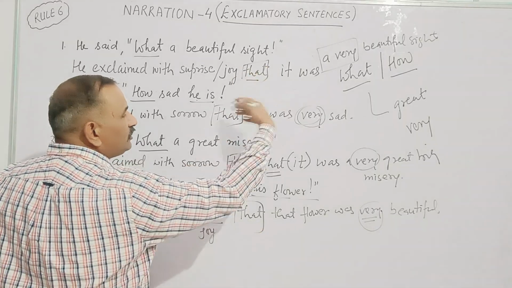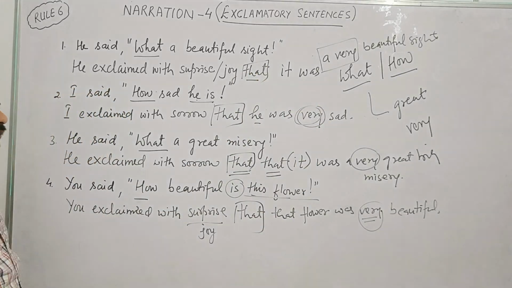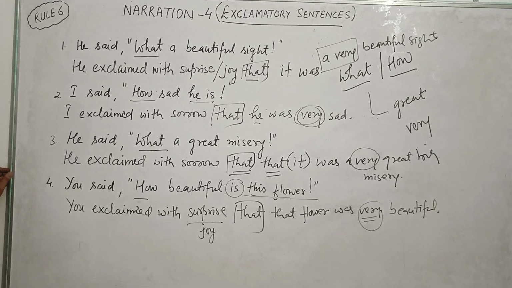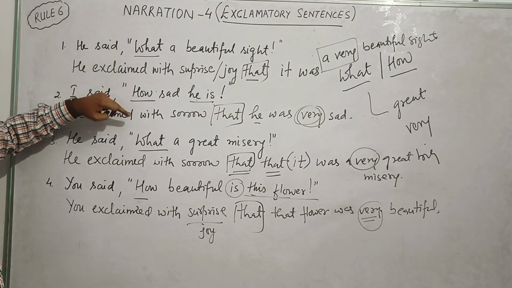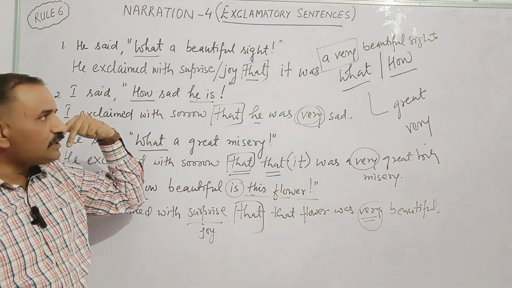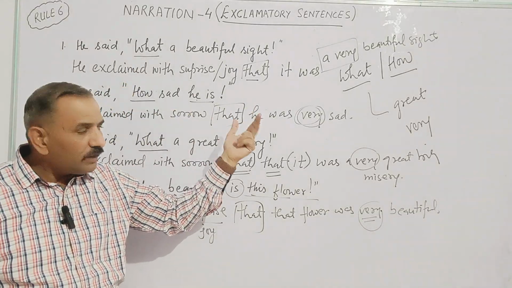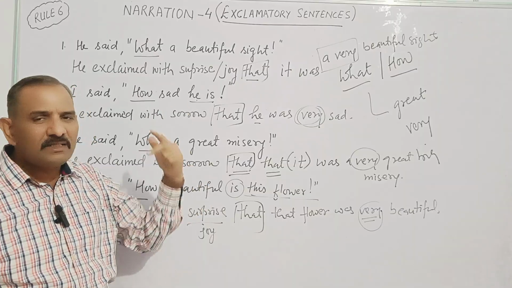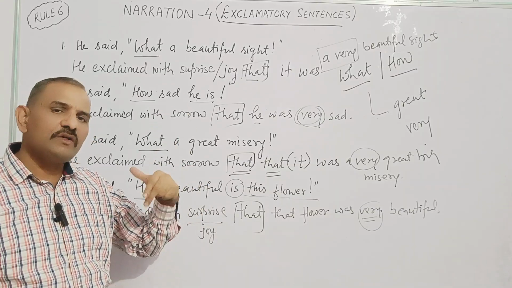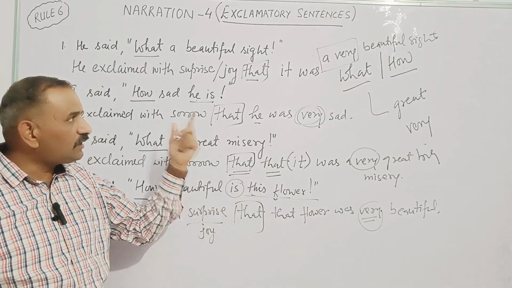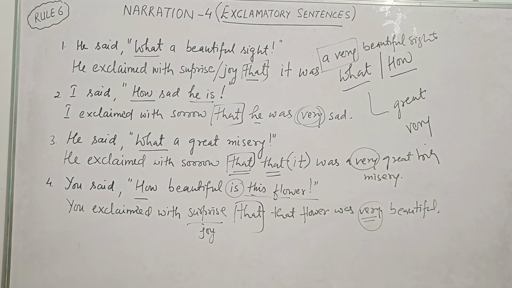Then change it into indirect speech. So these were the sentences starting with what and how, and they are changed into a great. You can write a great. What a great scenery it was. It was a very beautiful scenery. So these are the four sentences starting with what and how. You can take a screenshot of these exclamatory sentences also.